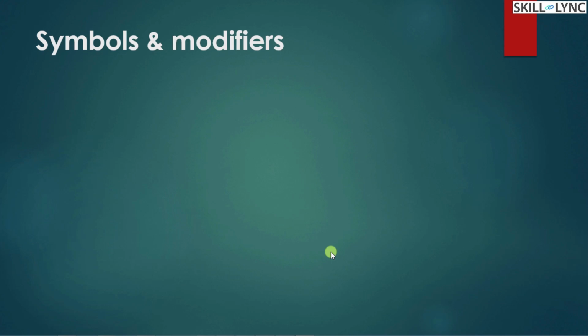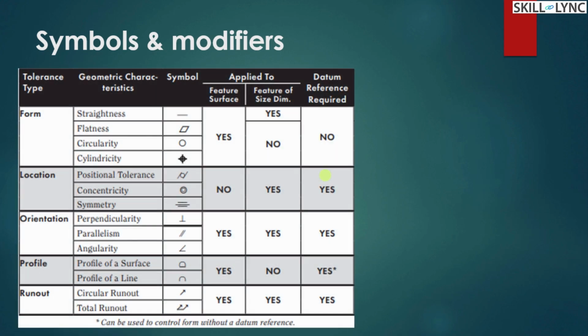First we have the different categories of tolerance, which are listed here. These categories deal with the tolerance of form, location, orientation, profile or runout. Based on that we have the various geometric characteristics that are going to be controlled, and we have symbolic representations of those characteristics.